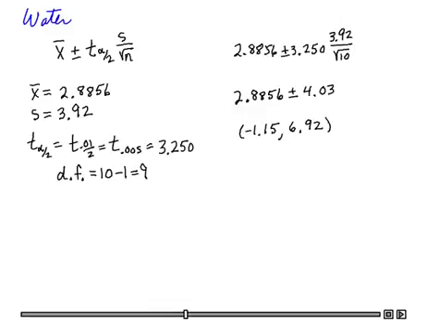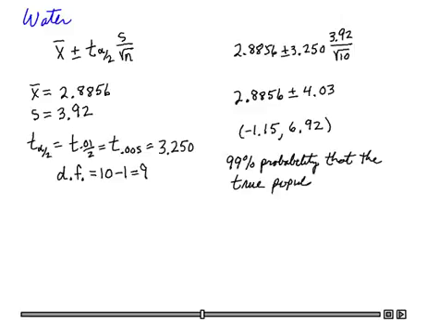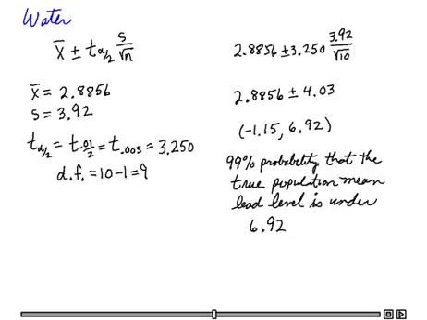To interpret that confidence interval, I'm going to say there is a 99% probability that the true population mean lead level is under 6.92 micrograms per liter.